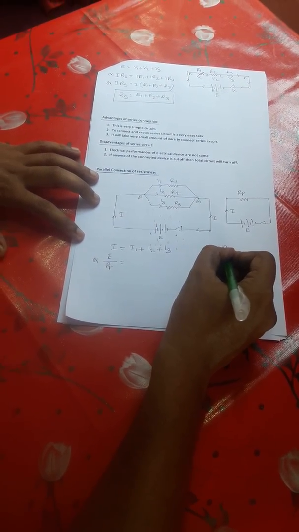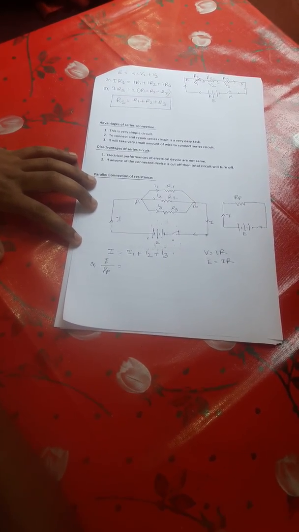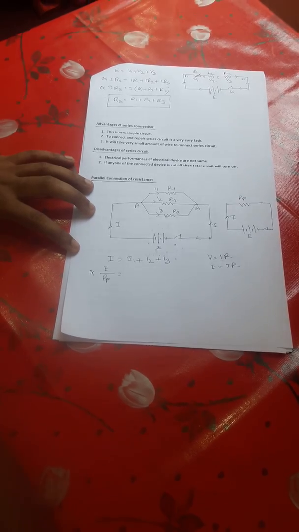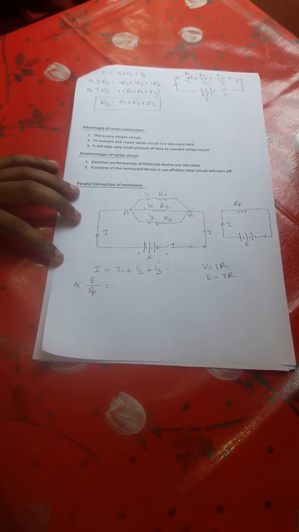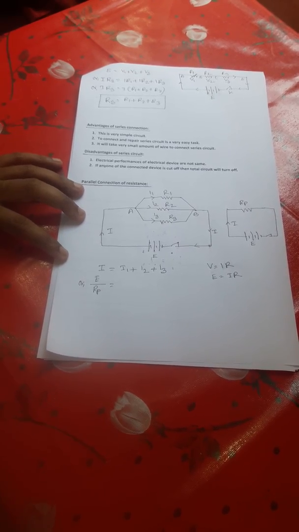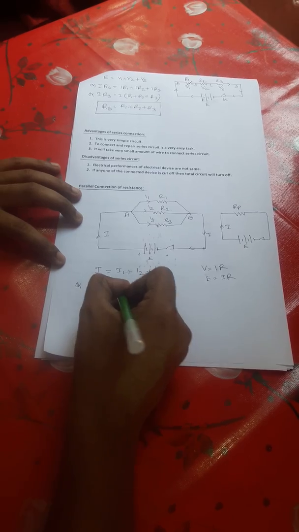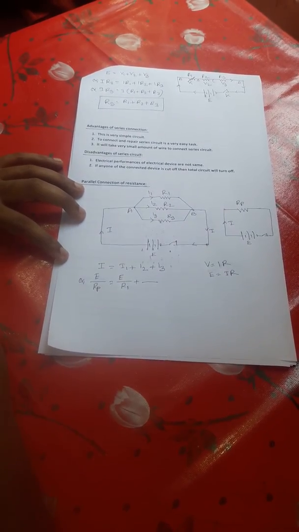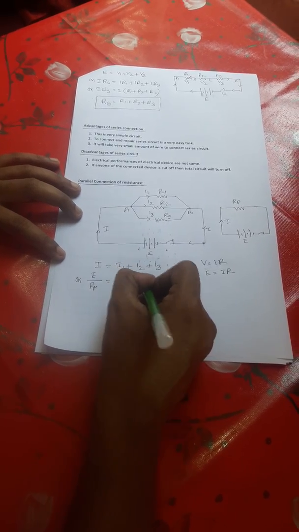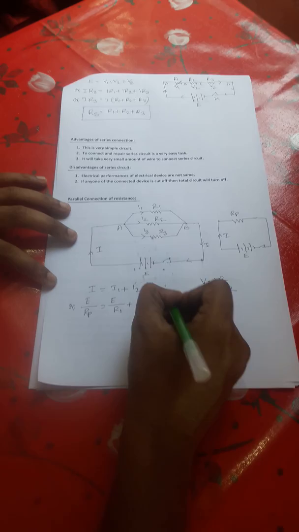You know, boys and girls, in parallel connection, since there is no other resistance in the circuit, all of the resistances will consume same amount of voltage, and it must be electromotive force. So I1 will equal E divided by R1, I2 will equal E divided by R2, and I3 will equal E divided by R3.